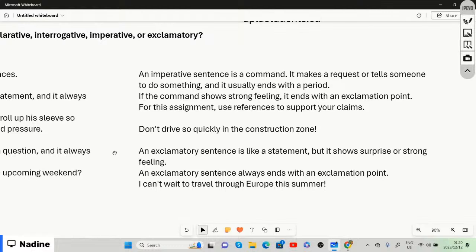And then we have an exclamatory sentence. An exclamatory sentence is like a statement. It's almost like a declarative sentence, but in this case it shows surprise and strong feelings. An exclamatory sentence ends with an exclamation point.